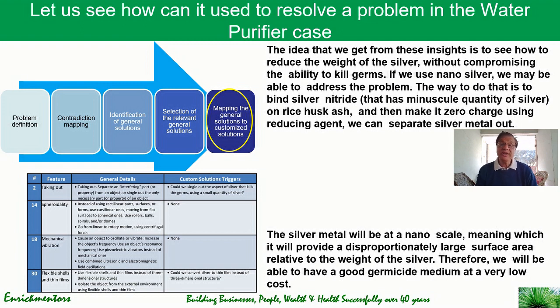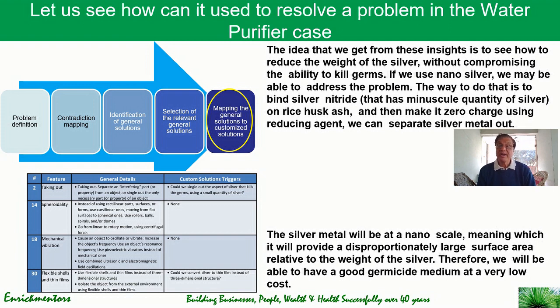As a result of that, the team found that they can do 2 things. One, they thought of taking out the nano silver, minute particles of silver that have a germ killing property, and binding that to rice husk, which had the other property required to purify the water, the silica and carbon property.